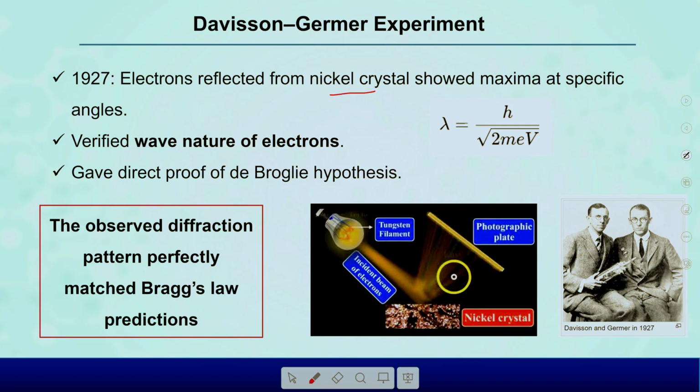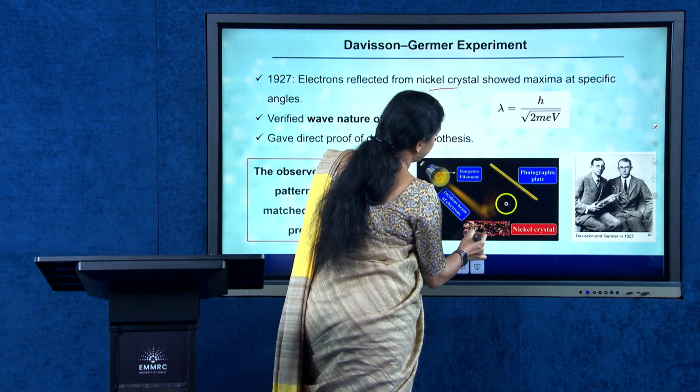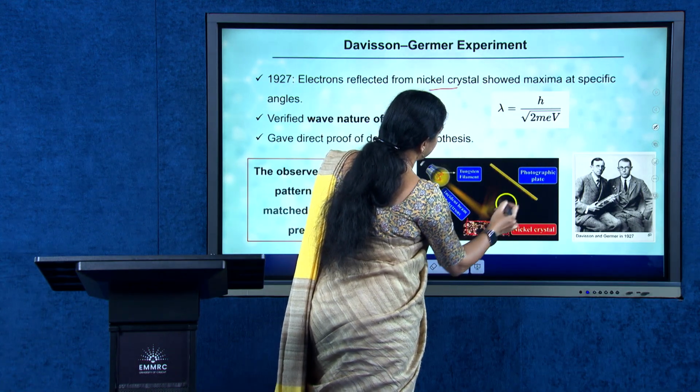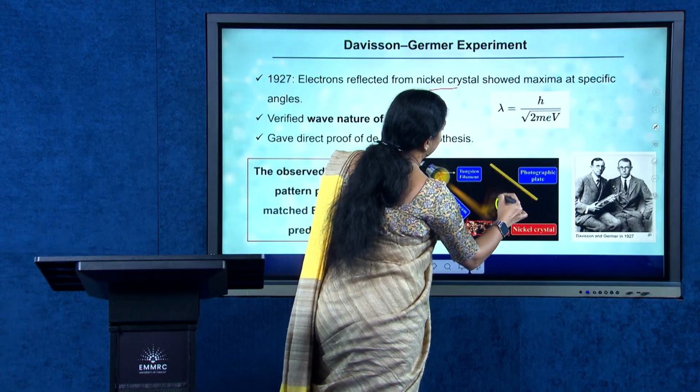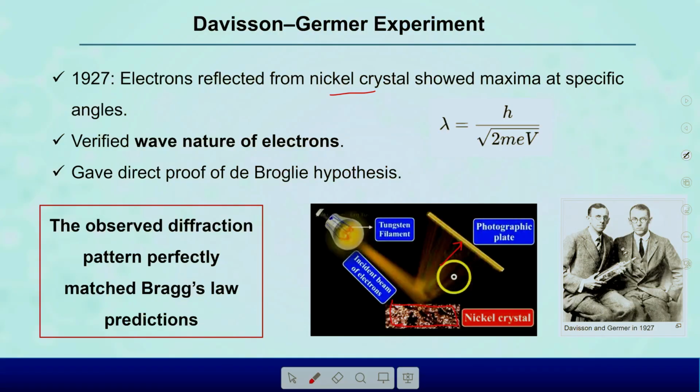On the screen you can see a nickel crystal. A beam of electrons is incident on the nickel crystal and they get diffracted, falling on the photographic plate.